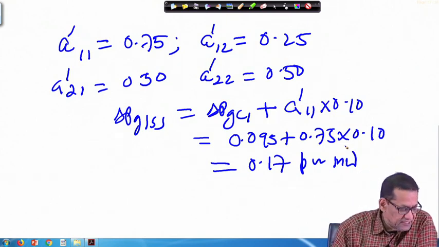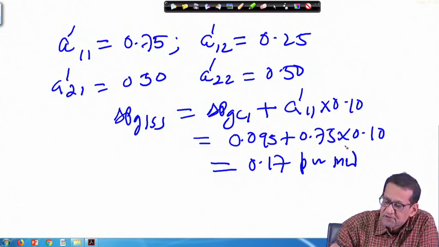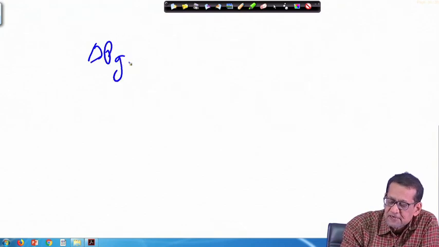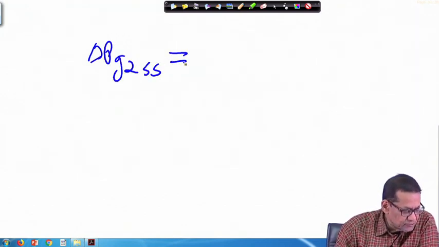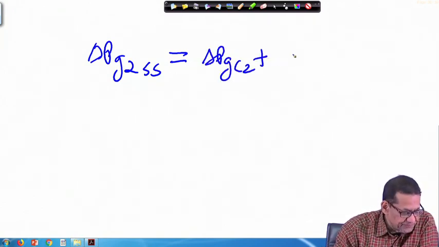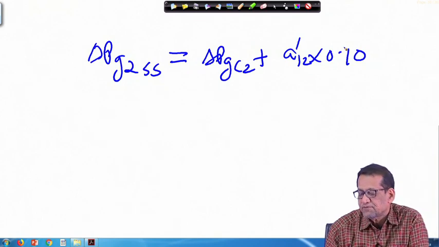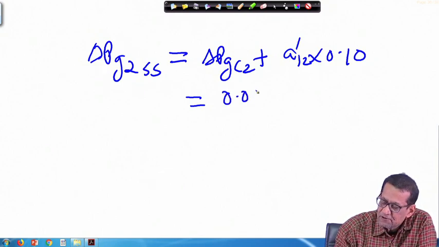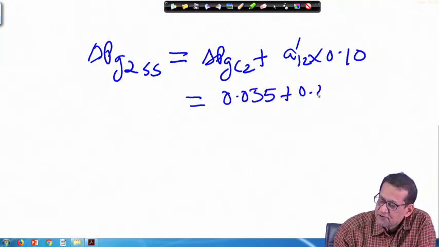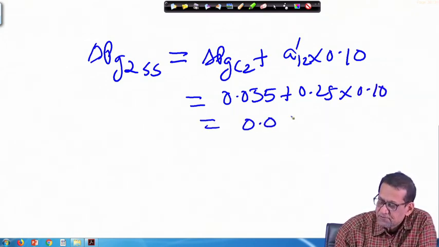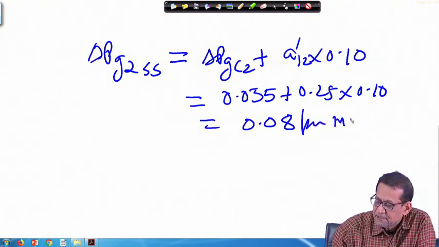Similarly, delta Pg2 steady state is equal to delta Pgc2 plus A dash 12 into the uncontracted power demand, which was 0.10. Delta Pgc2 was 0.055 and this is 0.25 into 0.10, so that comes to 0.08 per unit megawatt.